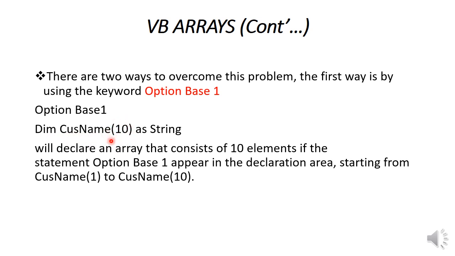Here we have the value 10, which does not mean the total number of elements, and the elements to be accommodated by this array are names because we have used the string data type. So as I have used option base 1 at the beginning, this array will store only 10 elements. But if you omit this keyword, the array will store 11 elements, because this shows the index of the last memory location of this array.